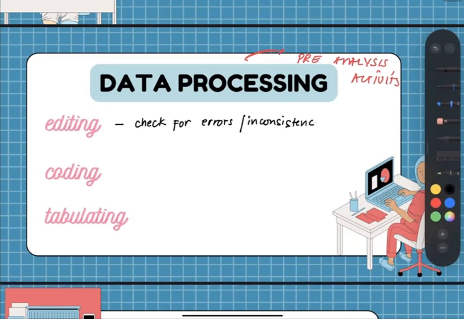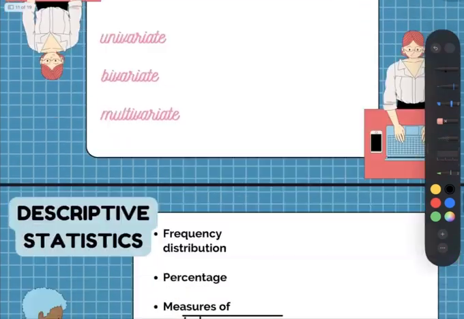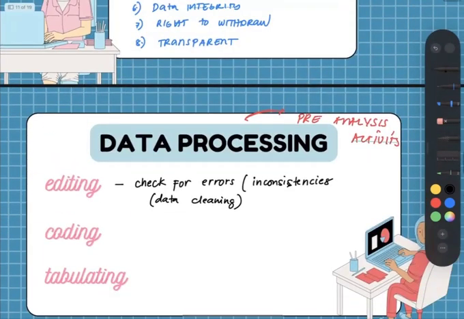We also call this editing your data cleaning. So any instrument or any questionnaire for that matter that is incomplete, tampered, or missing has to be removed from the pool of our data.